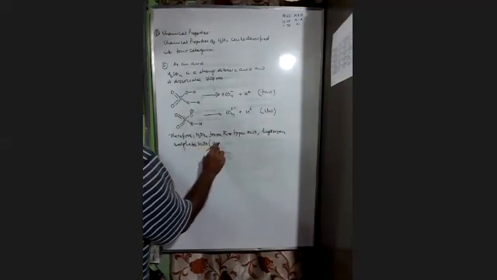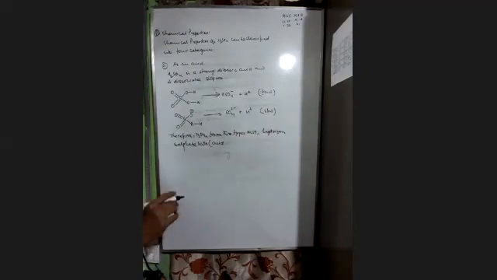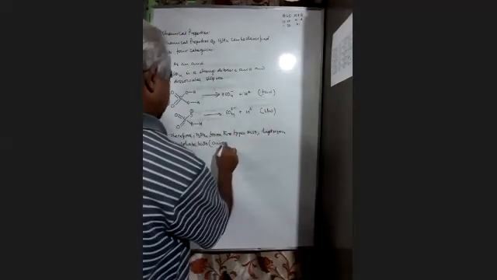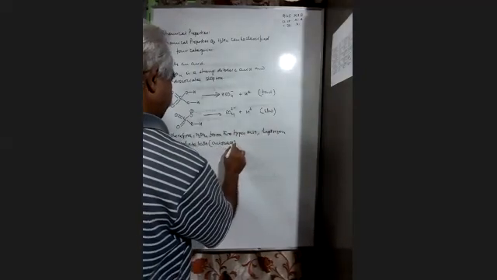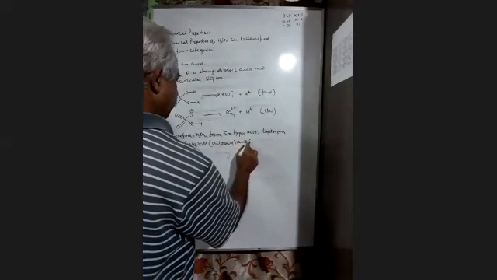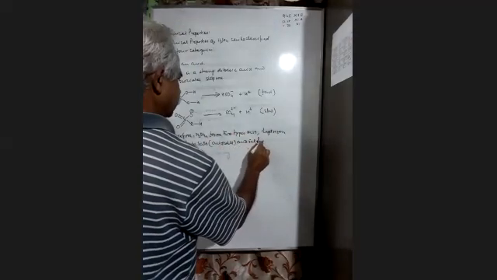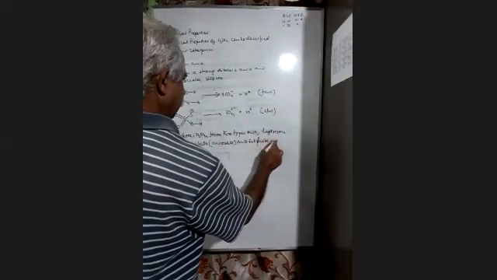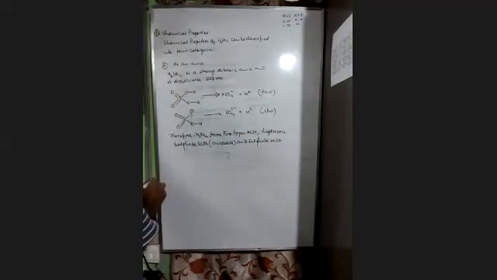This is known as acid salt. Why? Because still it has a replaceable hydrogen. And sulfate salt. So what do we call it? Normal salt.